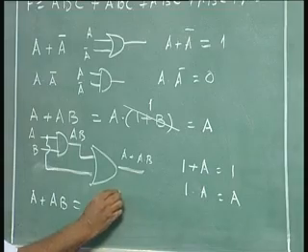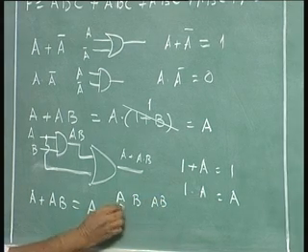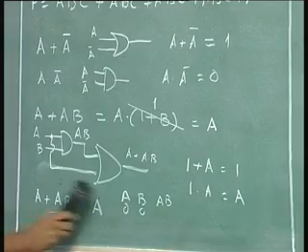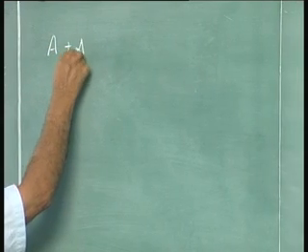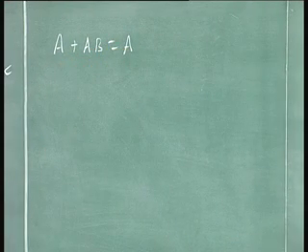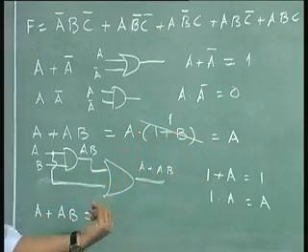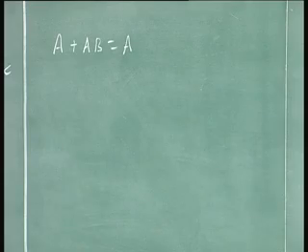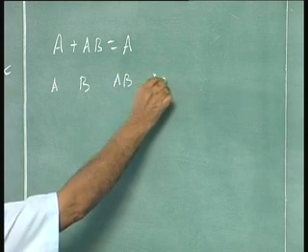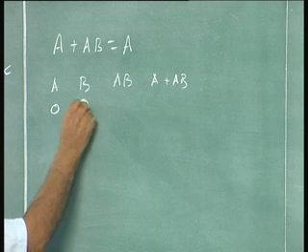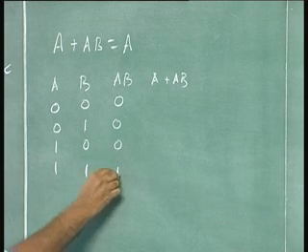If you are not convinced, you can always verify it by giving, as I said, a truth table. I can draw A, B, AB. I said A OR AB is A. I already showed that can be done by using this relationship: 1 OR B is 1, A AND 1 is A. But if you are not convinced, you can always write a truth table: A, B, AB, A OR AB. For 0 0, 0 1, 1 0, 1 1, AB is 0, 0, 0, 1, because of the AND gate.